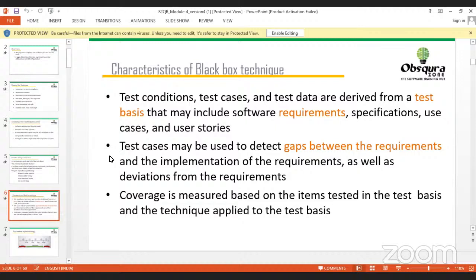That is the characteristics of black box testing. Test cases may be used to detect gaps between the requirements and the implementation of the requirements, as well as deviation from the requirements.